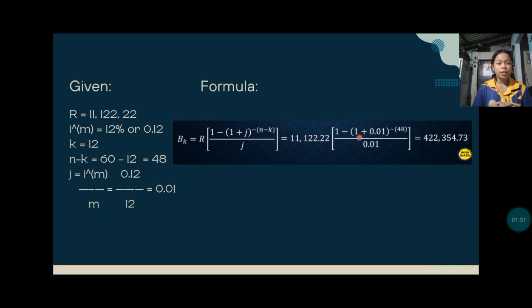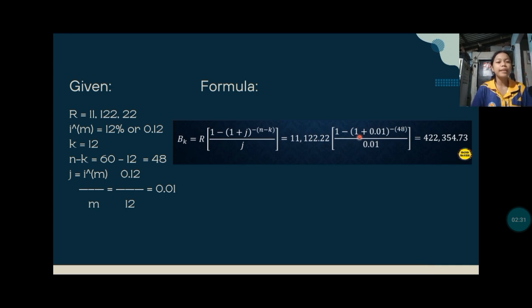Now, to find our n minus k, as shown in the formula, we're just going to subtract 12 from 60, which is equal to 48. That's our value for n minus k.